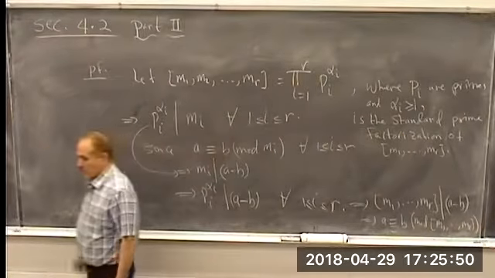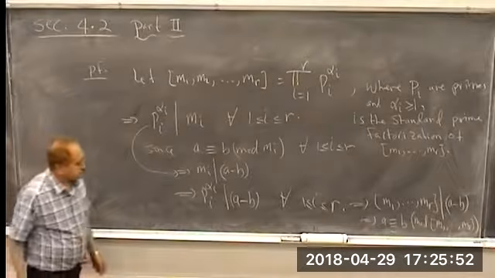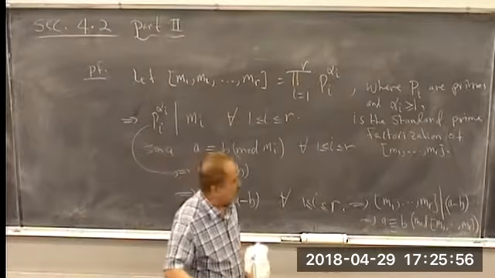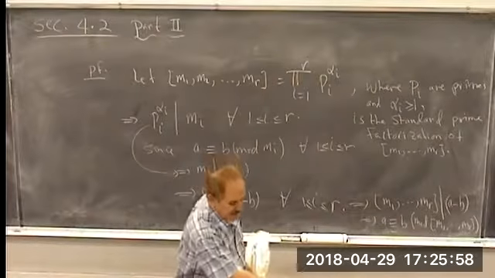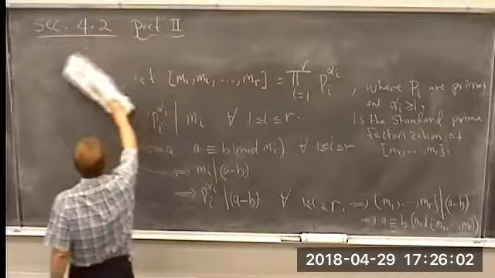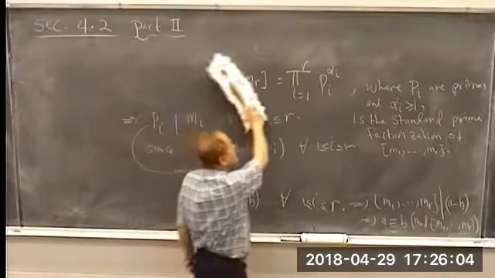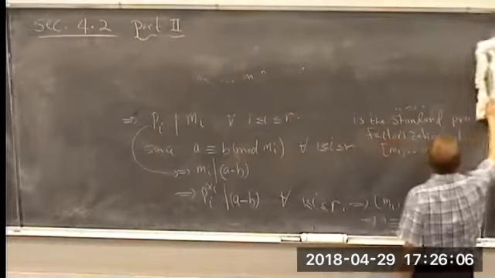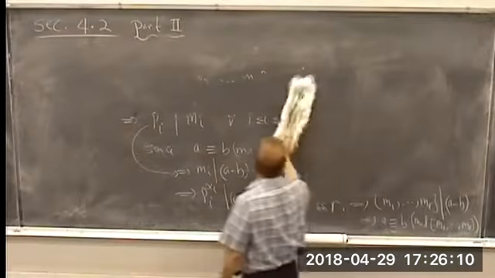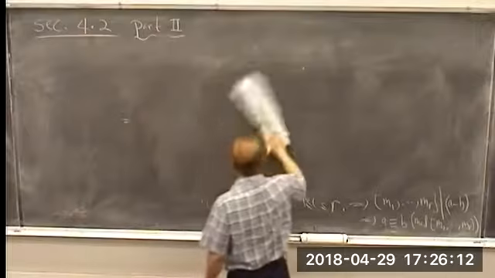In particular, once we have that these are relatively prime in pairs, then of course the least common multiple becomes their product, right? We put this one in here.